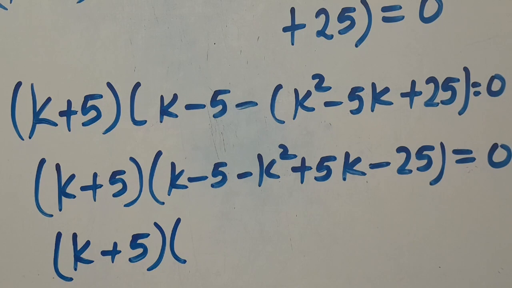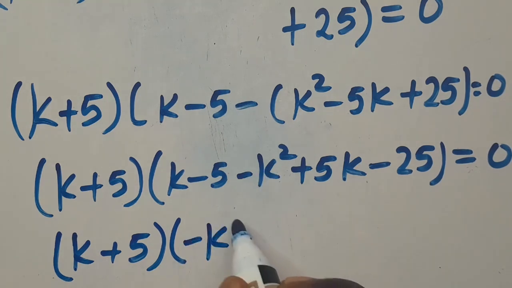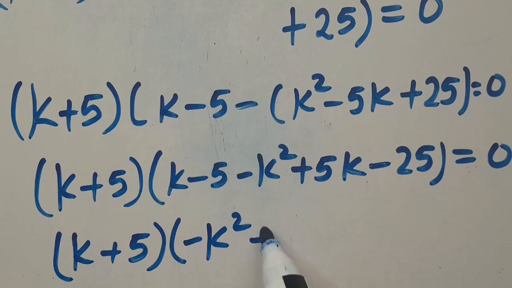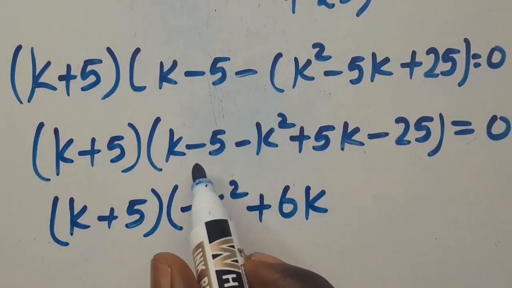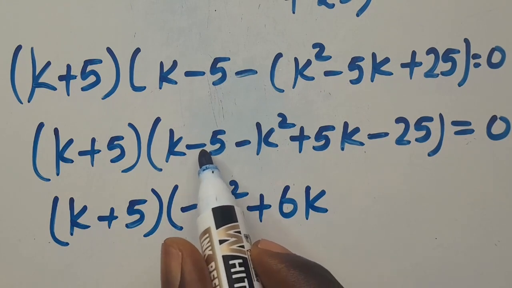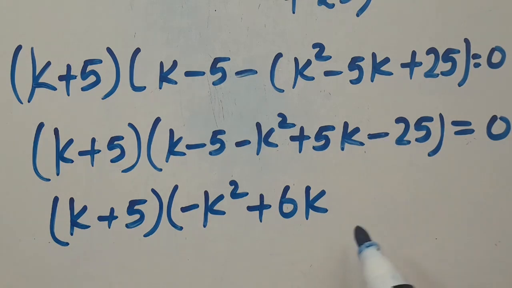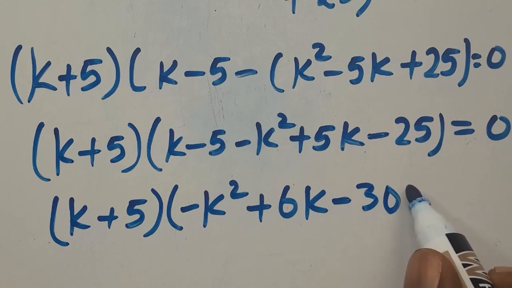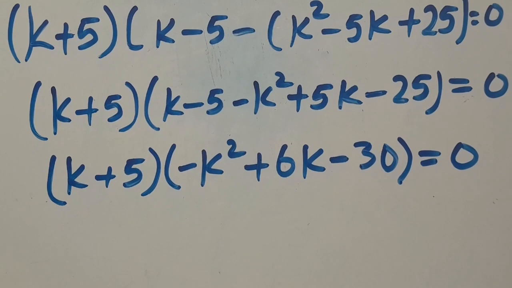Then multiply by, let's rearrange this as minus k square. K plus 5k, we have it to be plus 6k. Then we have minus 5 minus 25. We have it to be minus 30. Then we close it. Then we have everything to be equal 0.